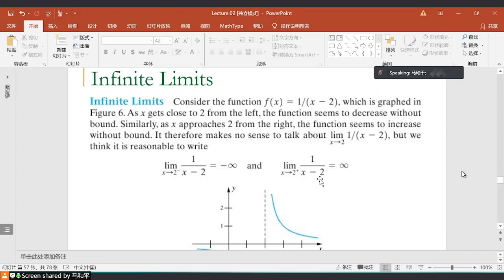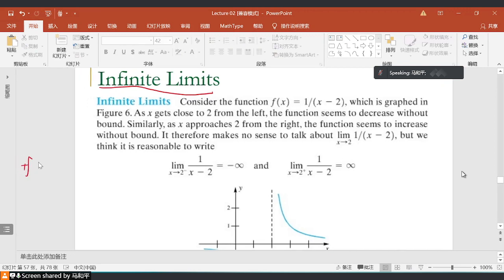And now we will learn this limits at infinity. Now we will learn this infinite limits. This means when we consider the function 1 over x minus 2, which is graphed in figure 6.